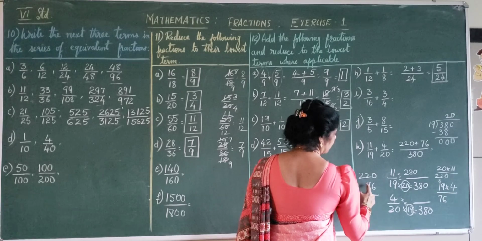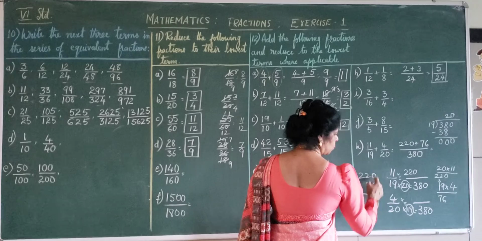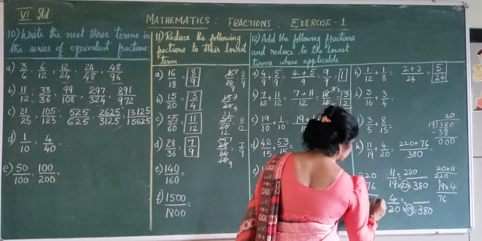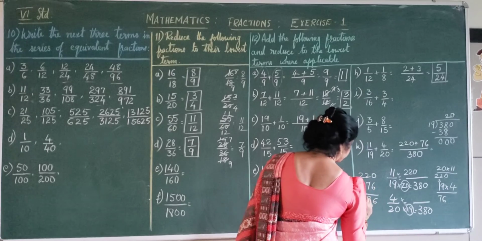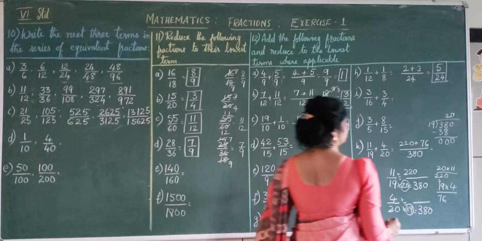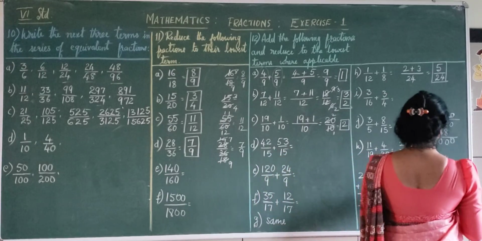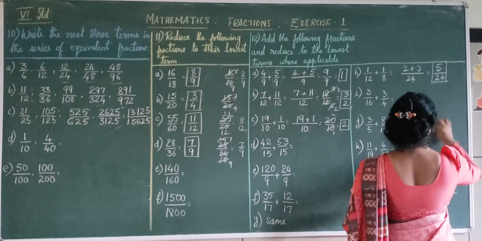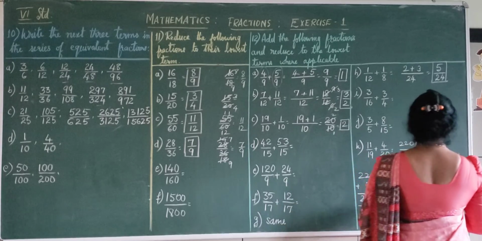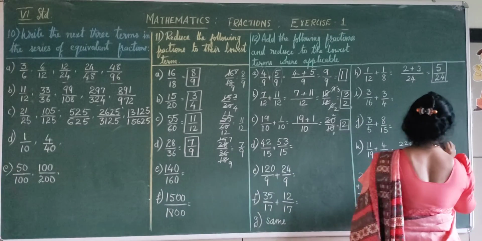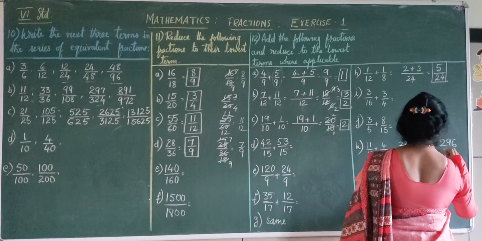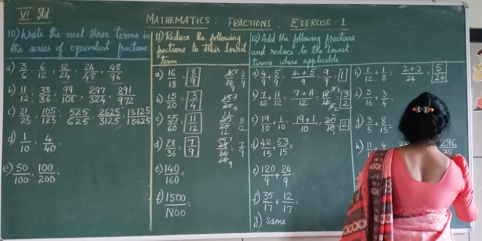Don't write 7 here and 6 here, it is wrong. 7 should go to tens place and 6 should go to ones place only. So 0 plus 6 is 6. 2 plus 7 is 9. And bring that 2 down, so it is 296. So this is nothing but 296 by 380.